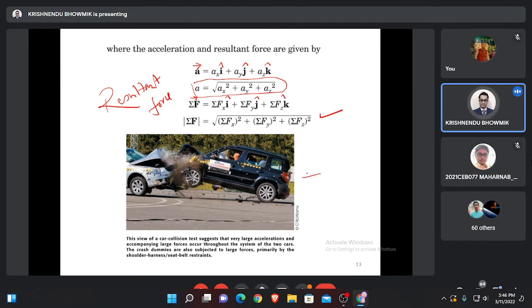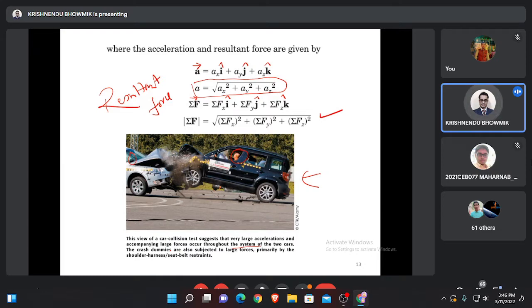Here is one example, a car collision test, where there will be a huge amount of acceleration accompanied by large contact forces throughout the system of the two cars. There you can see a car dummy. The dummy is also subjected to large forces, primarily by the shoulder harness or seat belt restraint.